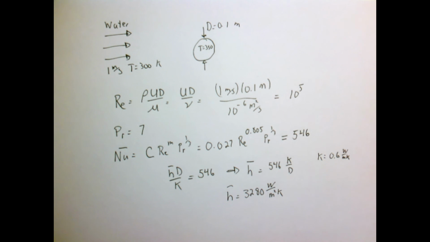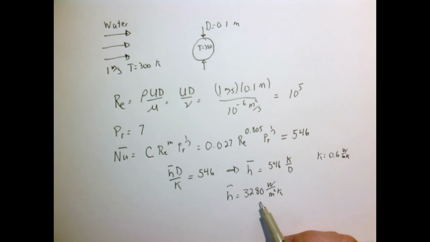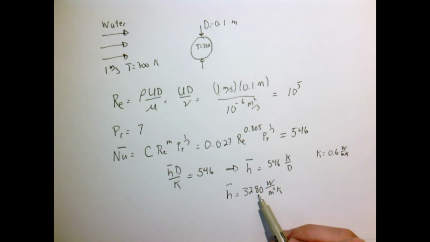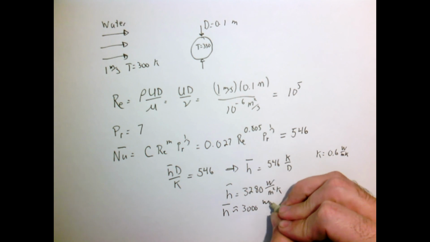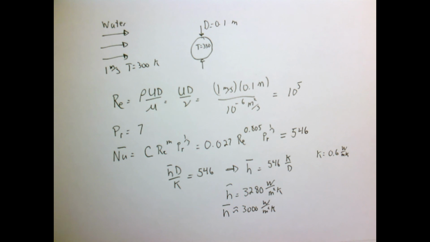And you always have to remember that these heat transfer calculations, when you're using these empirical fits, are not good to any real high degree of precision, so calling this 3280 is probably overkill. Normally I would just say h bar is about 3000 watts per square meter Kelvin. So anyway, that's just sort of a quick example to show you how you can use these kind of correlations in dimensional analysis to get the answer.